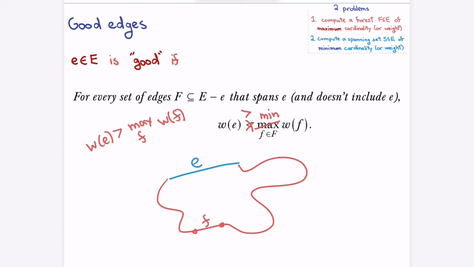So take any set of edges that connects the endpoints. If our goal is to get a maximum weight forest, heavier edges are good. Our edge should beat out at least one edge on this spanning set.